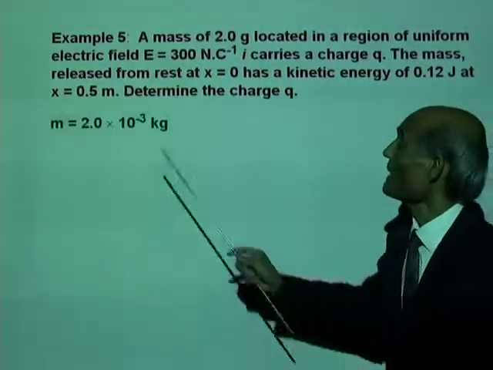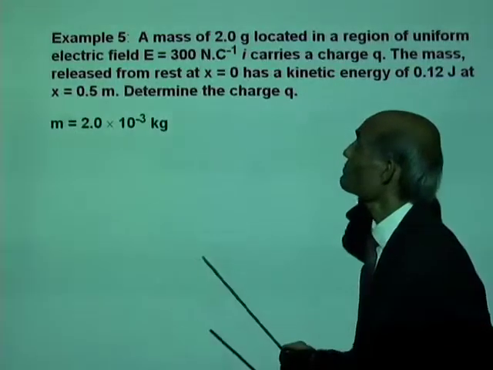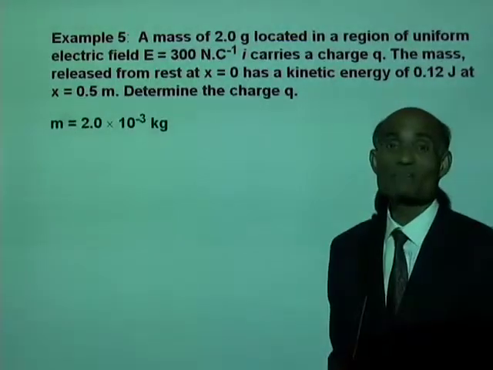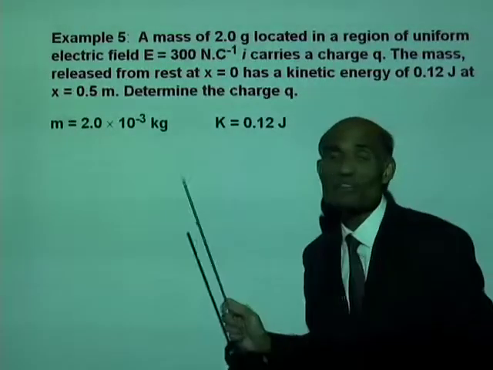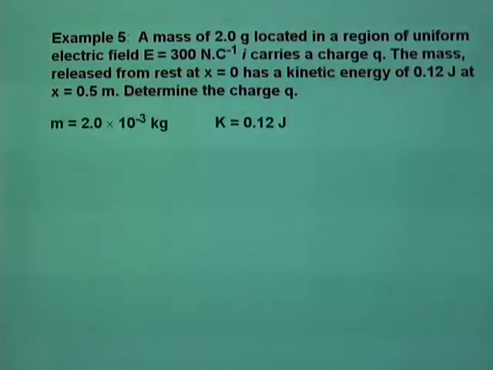Okay, well, we have the mass of the object is 2 times 10 to the negative 3 kilogram, that is 2 grams. Its kinetic energy, well, let me see if I can draw that for you. We have an object that carries a charge Q released in an electric field.